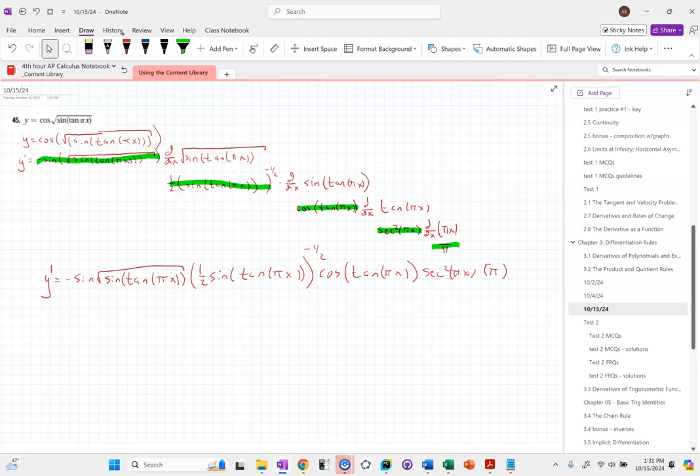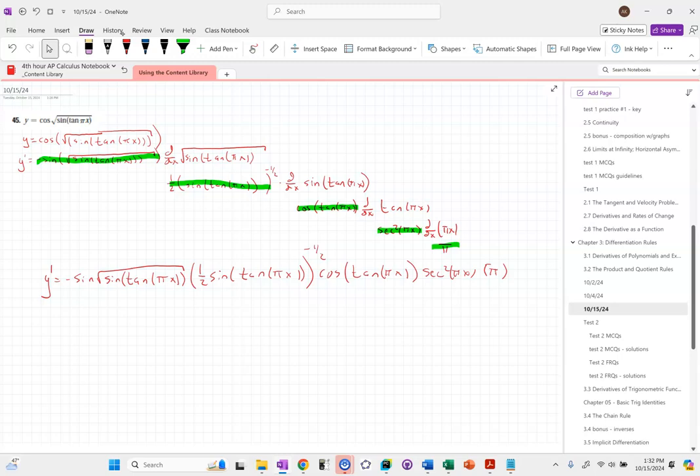Emily, you okay? You're just making some faces over there that don't look real happy. You have to take the derivative of each piece separately, because I think what I did is I did the product rule of like. Yeah, there's no multiplication going on. It's all composition.